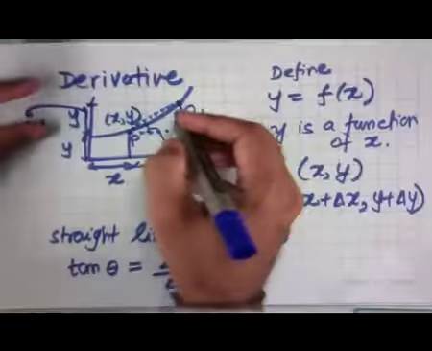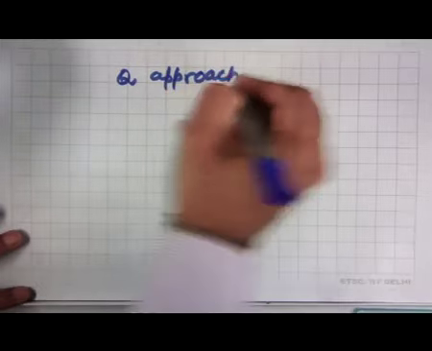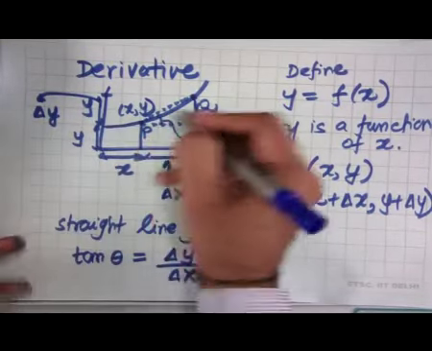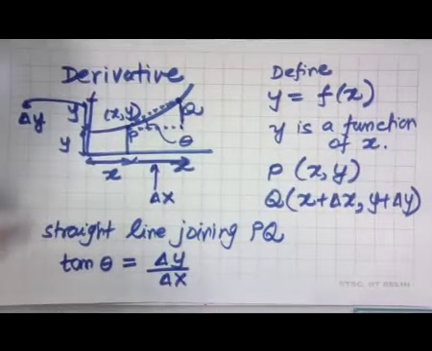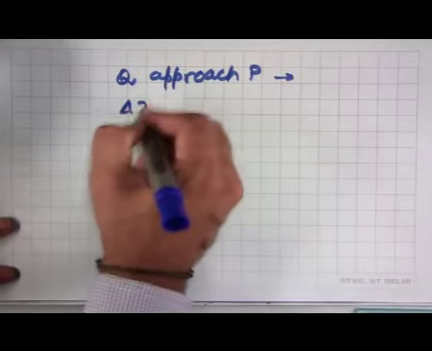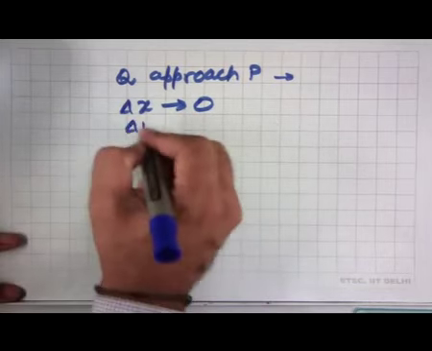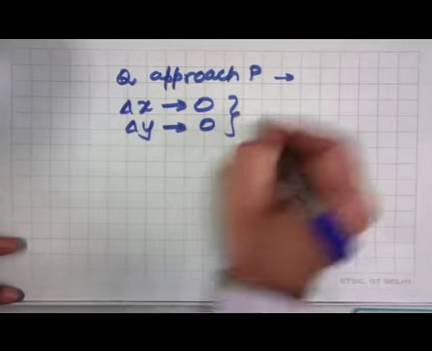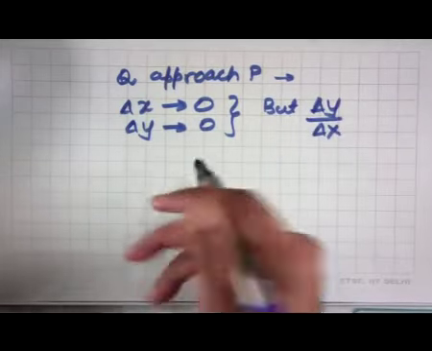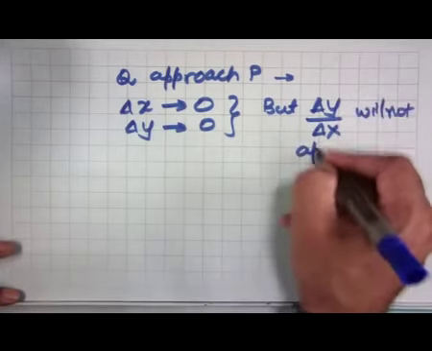if the point Q approaches point P, so we let Q approach P, which means we are taking it closer and closer to point P, but it does not exactly go to point P. So, we say that Q approaches P, which means delta x approaches 0, and delta y, which is the distance along y, will also approach 0, but delta y by delta x, the division of these two, will not approach 0 in a general case.